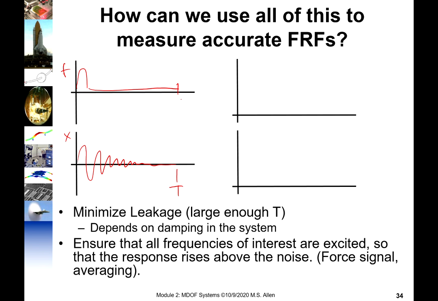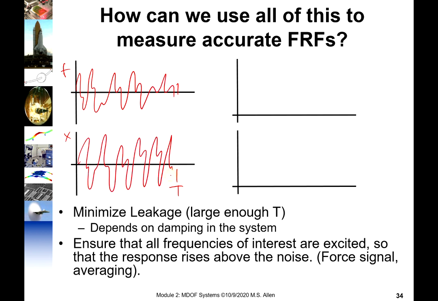And it turns out that that same thing is true even if these were random responses. If F is random, and the response is also random, that same principle holds, because if you think about it, the response we have here may depend more on what was happening before time 0 than it does on the force that we're actually applying right now, right?